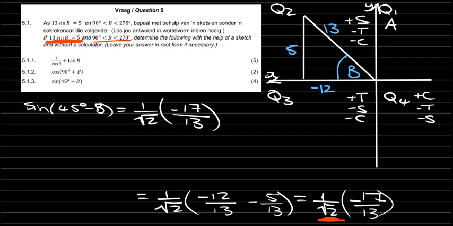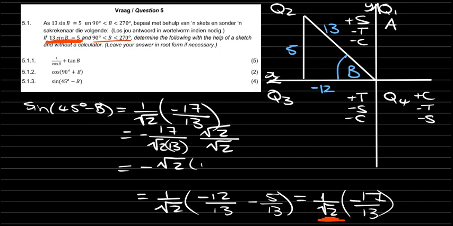Let's take away the brackets, and it's minus 17 over root 2 times 13. We multiply top and bottom by root 2, and we get minus root 2 times 17 divided by root 2 times root 2 times 13.